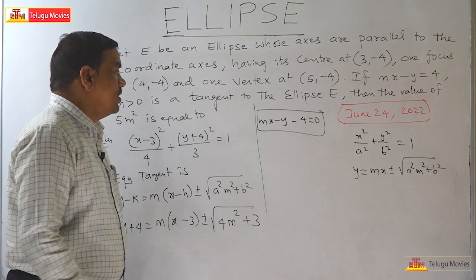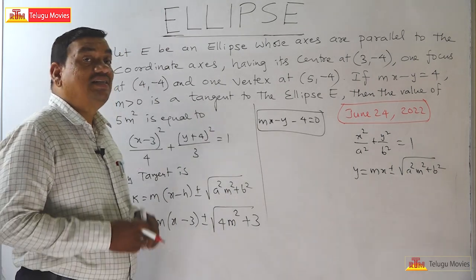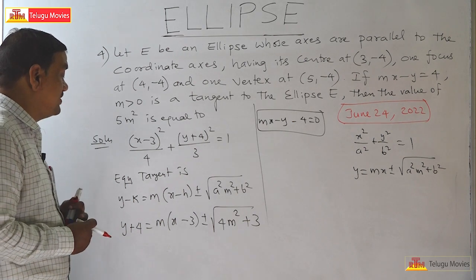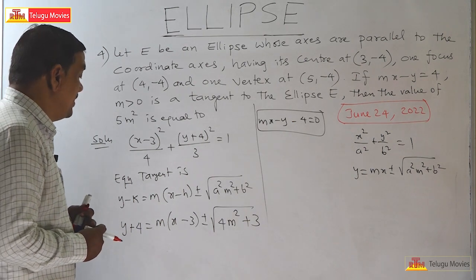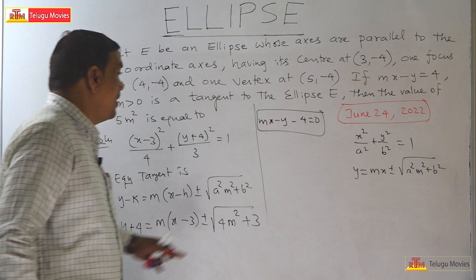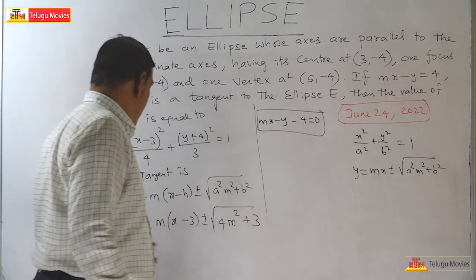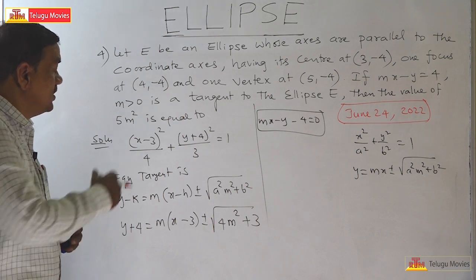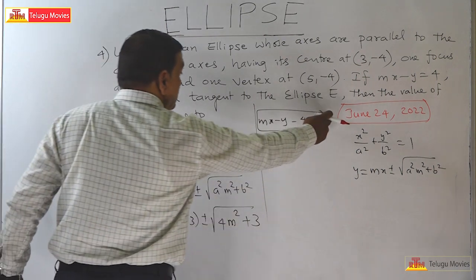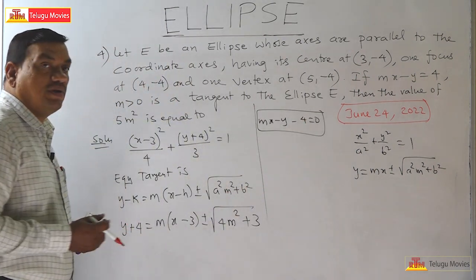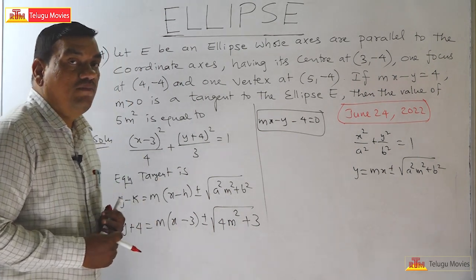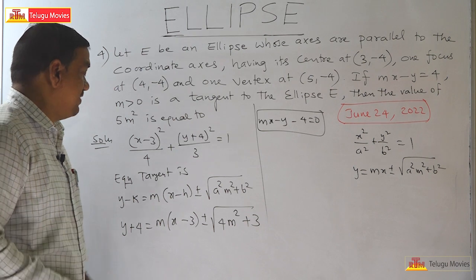Here the x coefficient is m, and there is minus y and minus 4. If both equations represent the same equation, then we will have a1 by a2 is equal to b1 by b2 is equal to c1 by c2.